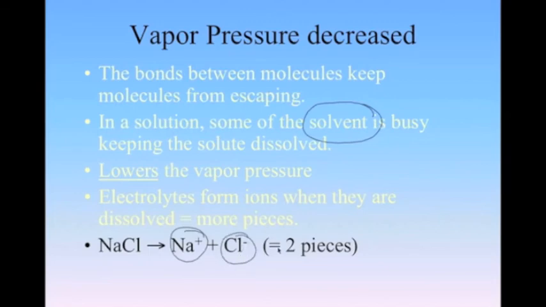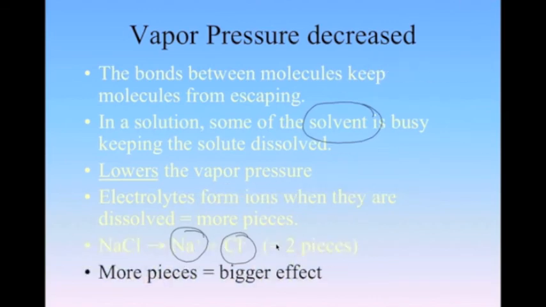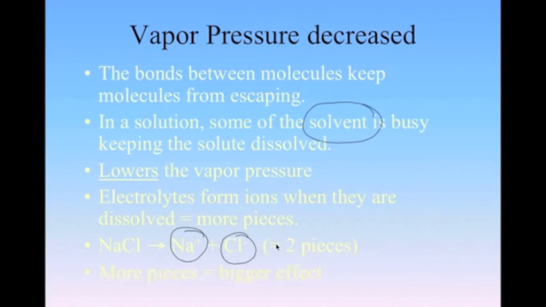And because there are two pieces, it's going to lower the vapor pressure even more. We're looking at the number of particles, so when salts become electrolytes, they ionize and have more pieces in there. More pieces equal a bigger effect, meaning it lowers the vapor pressure even more.